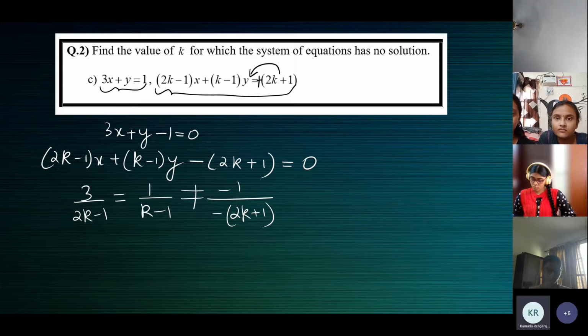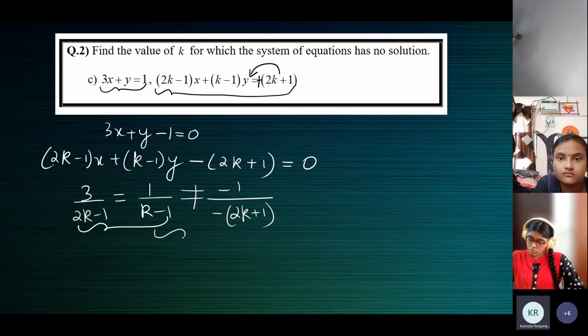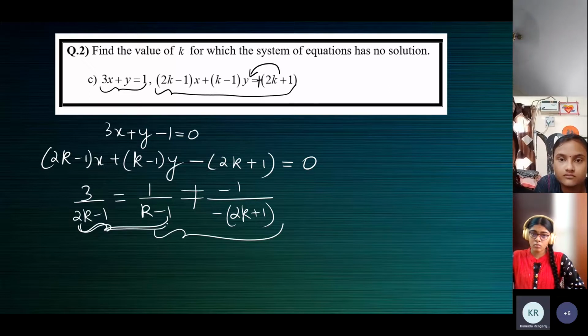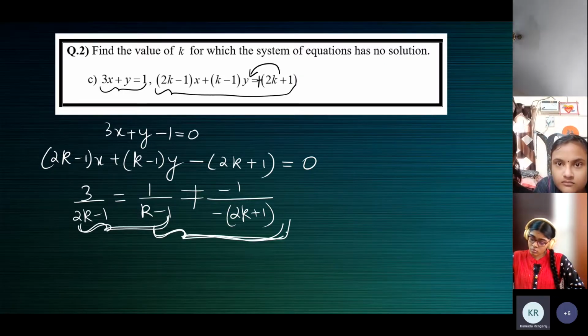Now we'll have to equate these two and find the value of k, and check if that value of k makes this one true. Find the value of k from this one and check if that value of k holds true for this one.